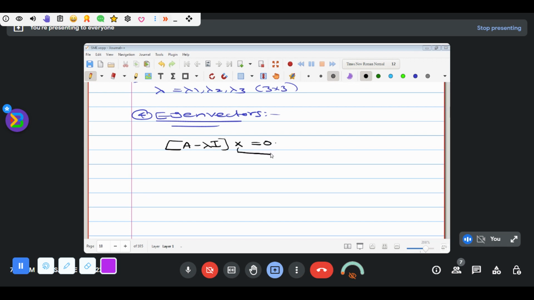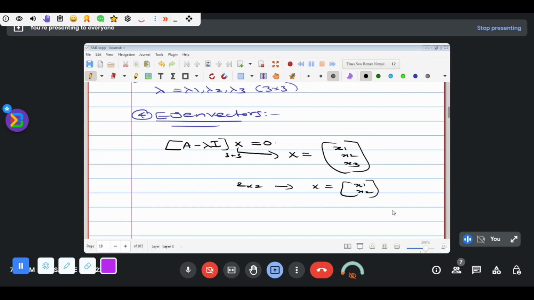This x is a vector called the eigenvector. Note that if I consider a 3 by 3 matrix, let us take x1, x2, x3 as the 3 components. For a 2 by 2 matrix, x is x1, x2 only.